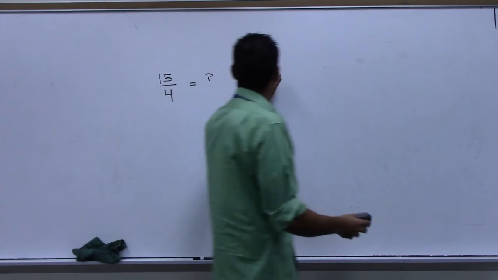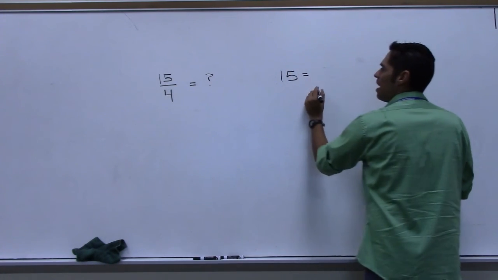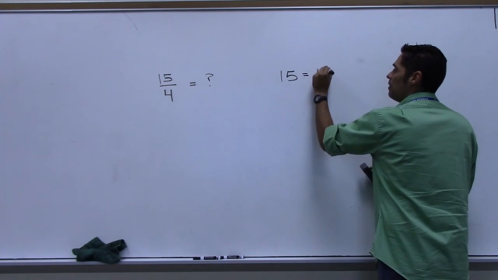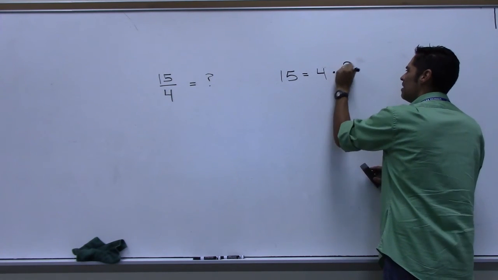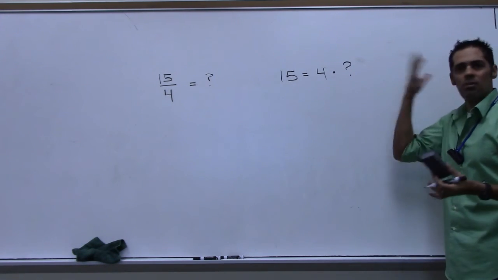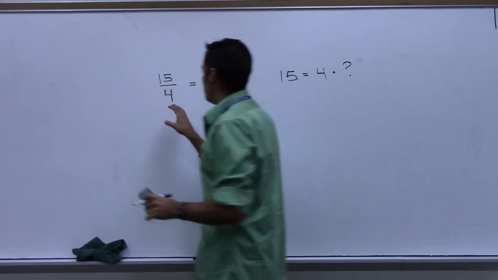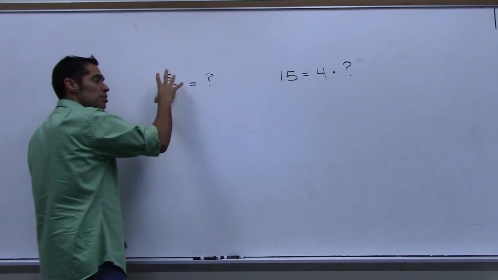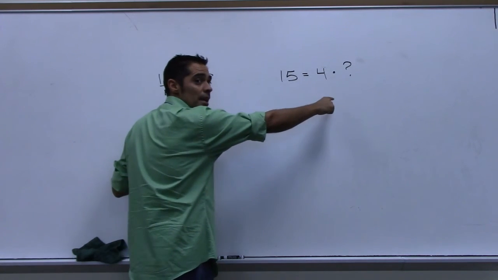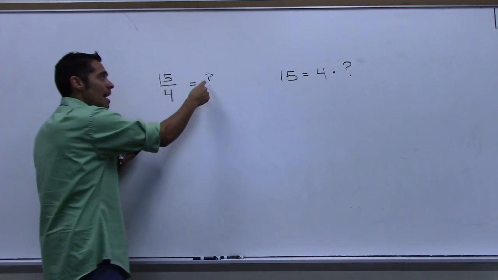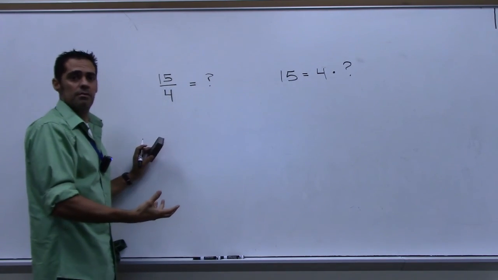But it's not easy for me to say what it is. So I know that 15 is 4 times something, but again, I don't know, right? So what we like with division, if we're going to use it to rewrite as multiplication, is for it to be a nice answer. Yes? Okay.